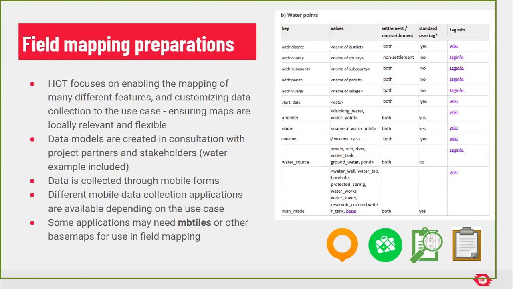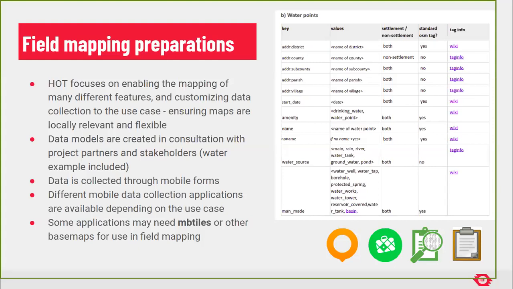The other is data models, creating the data models, and that's one of the things we're going to look at in a demo later in this webinar. But a data model is really key in helping you to determine, number one, the features you're going to map, and then two, the attributes you're going to map.